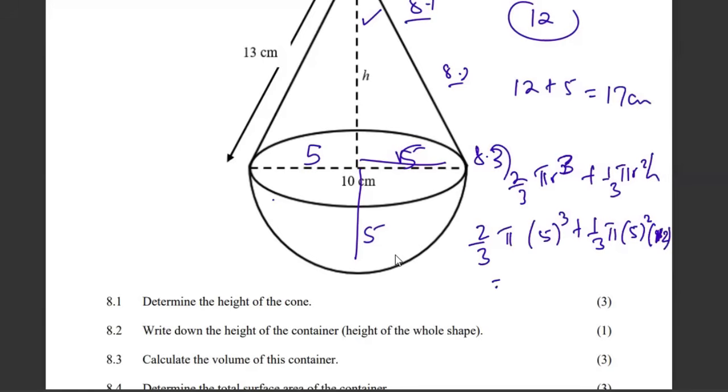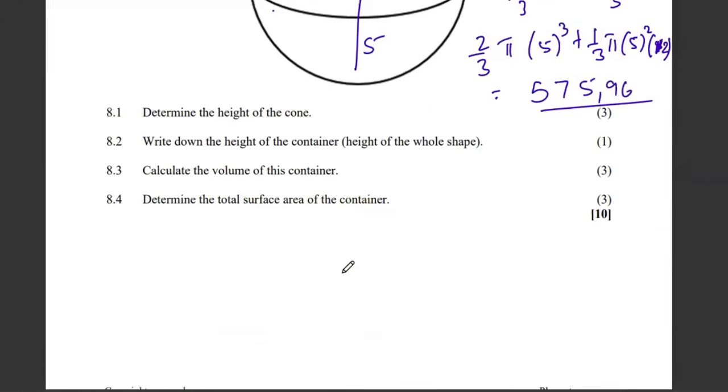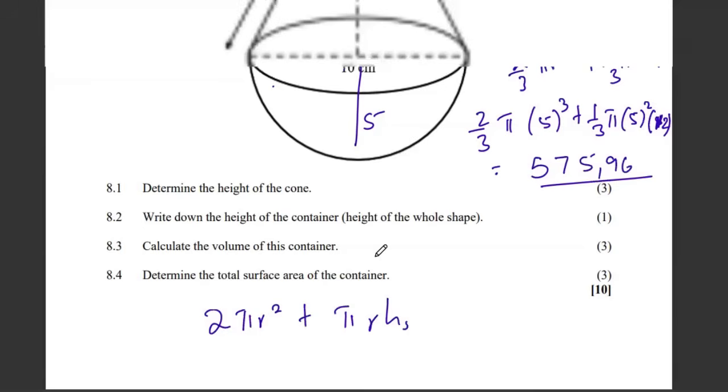Okay, so when I punch everything into the calculator, I'm getting 575,96. And they want us to get the total surface area. Okay, so with the total surface area, we need to use the 2 pi radius plus pi r hs.